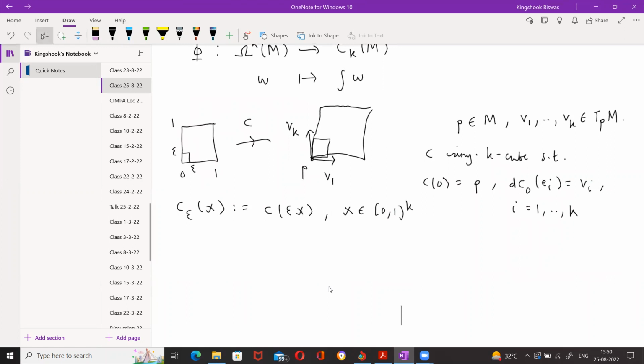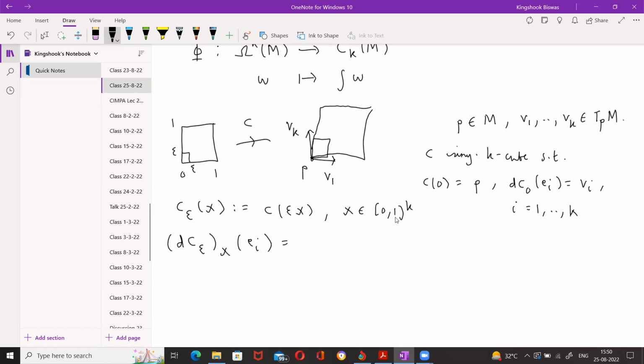For that, first, let me look at the derivative of C epsilon. The derivative of C epsilon at a point x applied to the vectors e_i, what will this be?